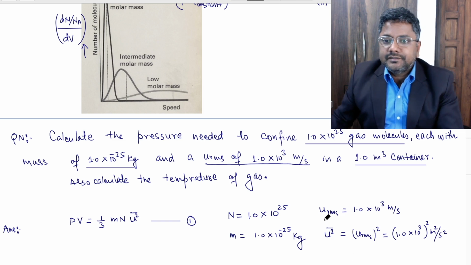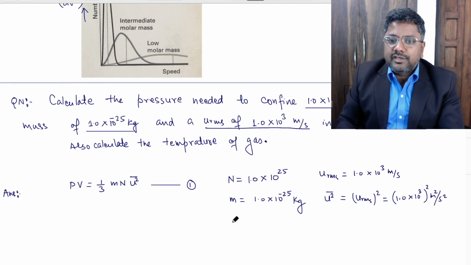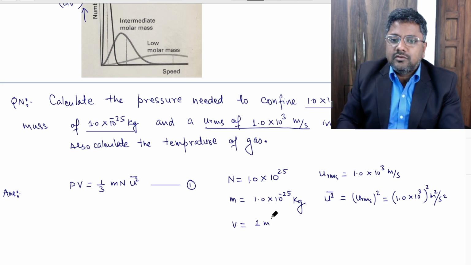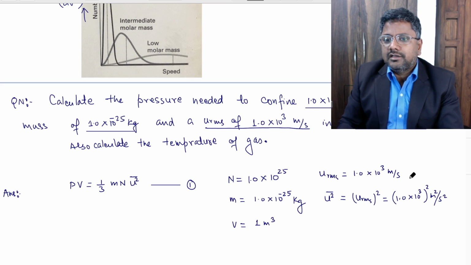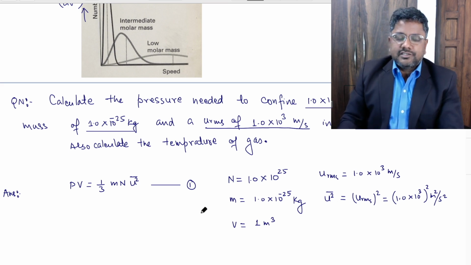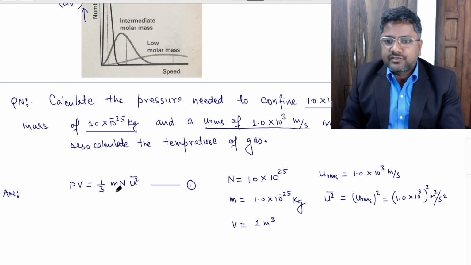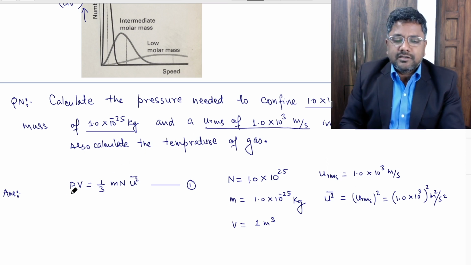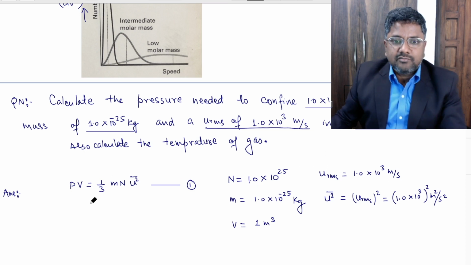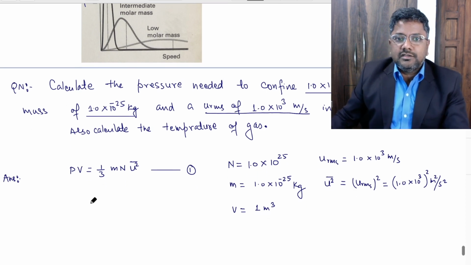And volume is given, V is equal to 1 meter cube. I think all the units are in the SI system. So if you put all these values here, you will get pressure in Pascal, right?